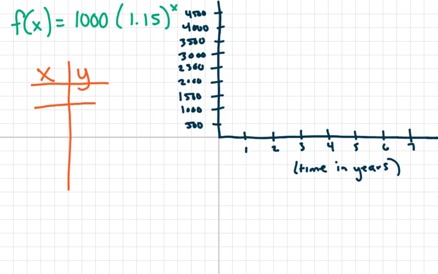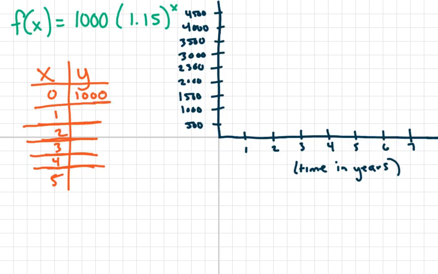I'm going to pick values for x, so 0, 1, 2, 3, 4, I'll go up to 5. I already know that he's starting off with $1,000, so if my time is 0, then I'll have $1,000 in my bank account.